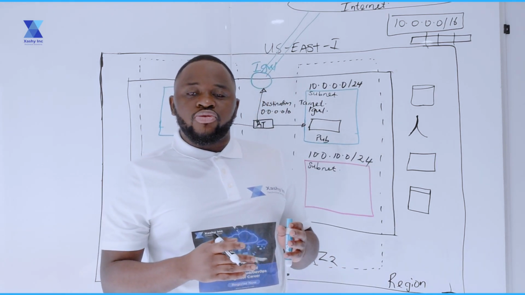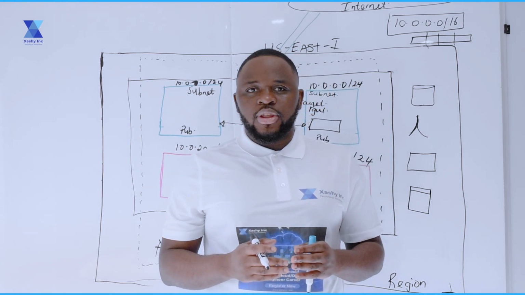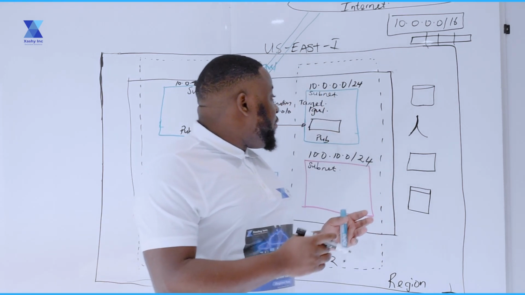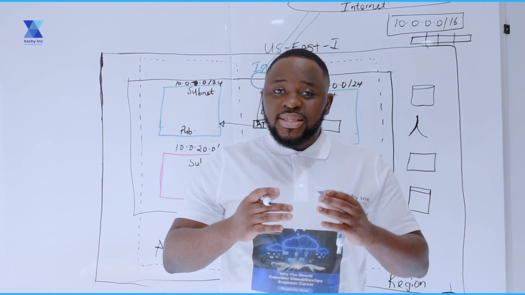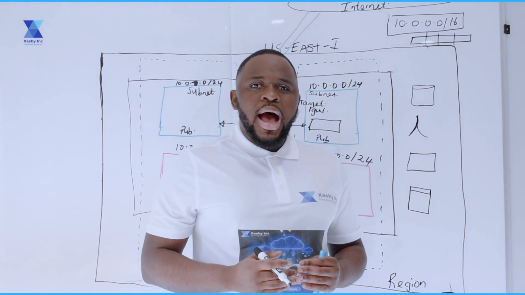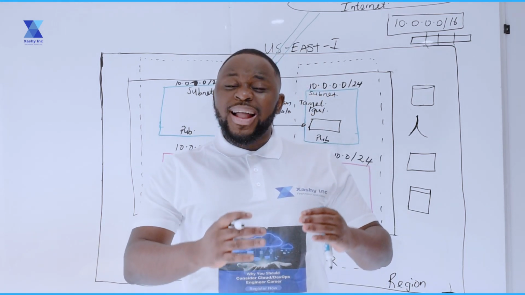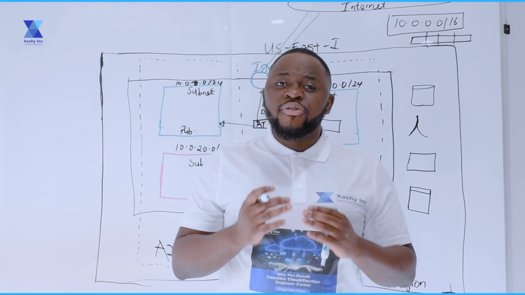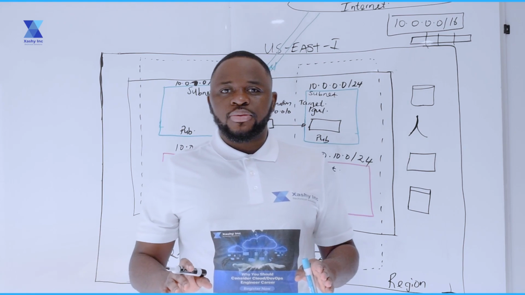Anytime a route table is created, you're going to have the default route in every route table. The default route has a destination which is the CIDR block of the VPC, and it has a target which is local. That default route in every route table created in your VPC can never be changed.